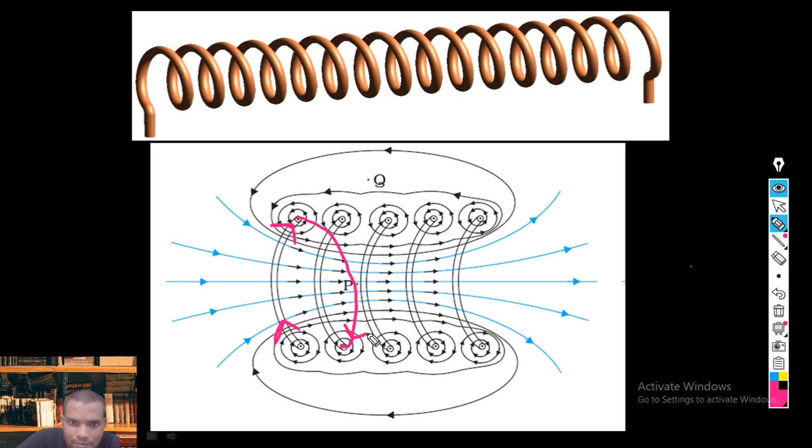Again the same current will enter and leave. Now this completes a closed circuit. Like this, the current enters one coil side and leaves through the other coils. So each time the direction changes.